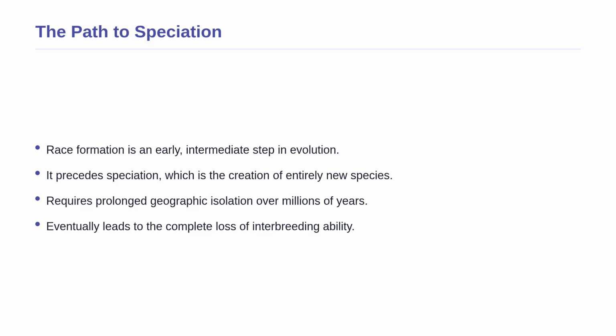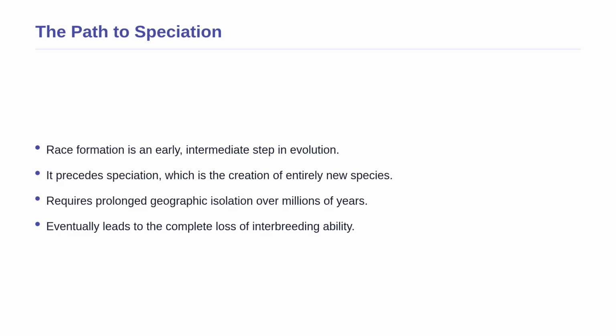Building on that definition, we must understand where races fit into the grand timeline of evolution. Biologists view the formation of races as an early, intermediate step in the process of speciation. Speciation is the ultimate creation of entirely new species. When populations become geographically isolated, they start to diverge, forming races.